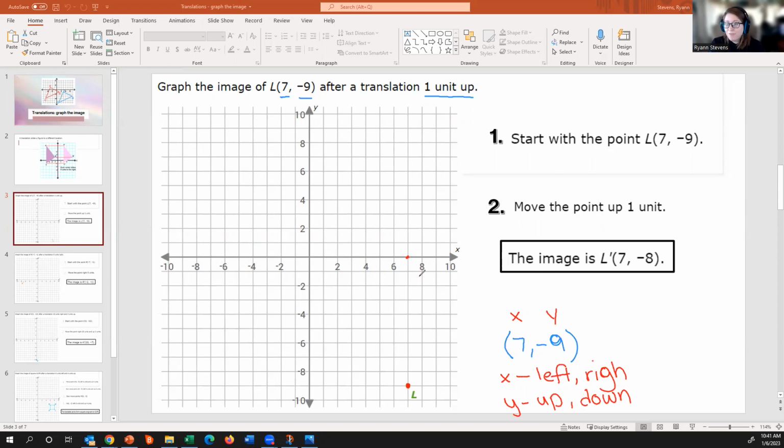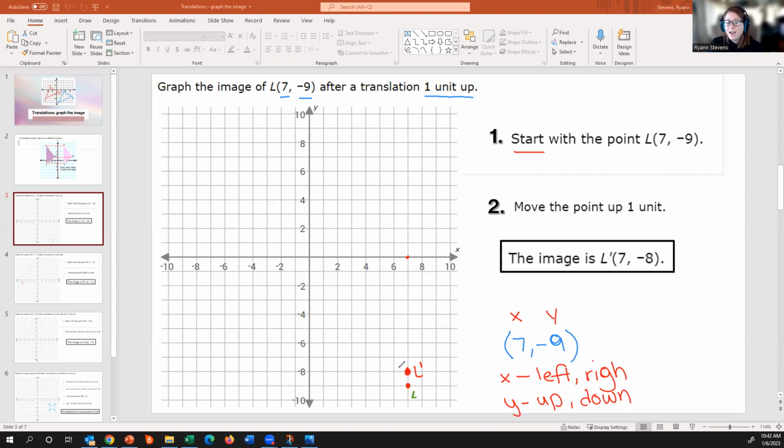Now that we have this point, we have the pre-image. In order to move this translation up 1 unit, we're going to start with this point and just move it 1 place up, just as the directions tell us, which means this would be our L image.